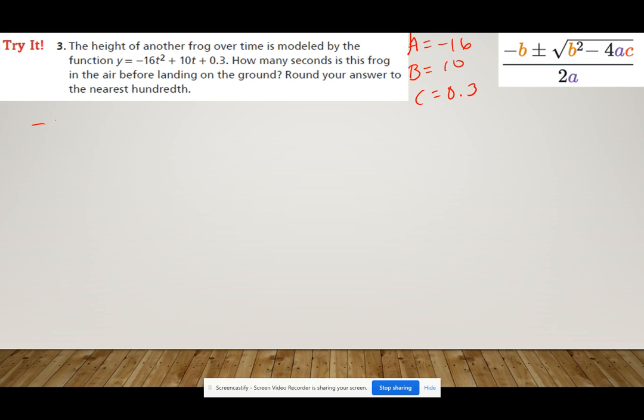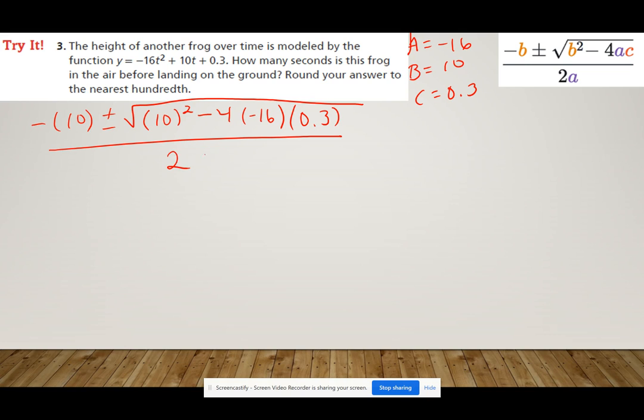So we have the opposite of B, which is 10, plus or minus the square root of 10 squared minus 4. That minus 4 is always in the equation. A is negative 16, and C is 0.3, all over 2 times our A value, which is negative 16.